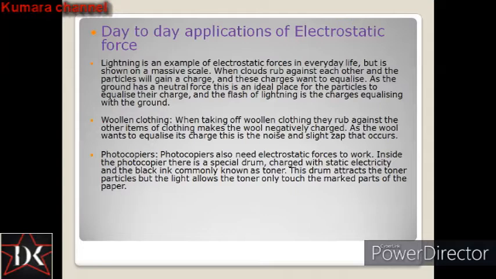As the ground is neutral, this is an ideal place for the particles to equalize their charge, and a flash of lightning is the charges equalizing with the ground. Woolen clothing: when taking off woolen clothing, it rubs against other items of clothing, which makes the wool negatively charged. As the wool wants to equalize its charge, this is the noise and slight zap that occurs.